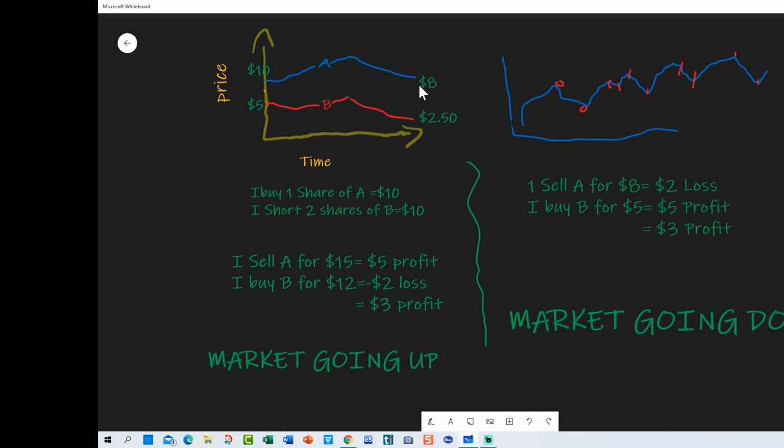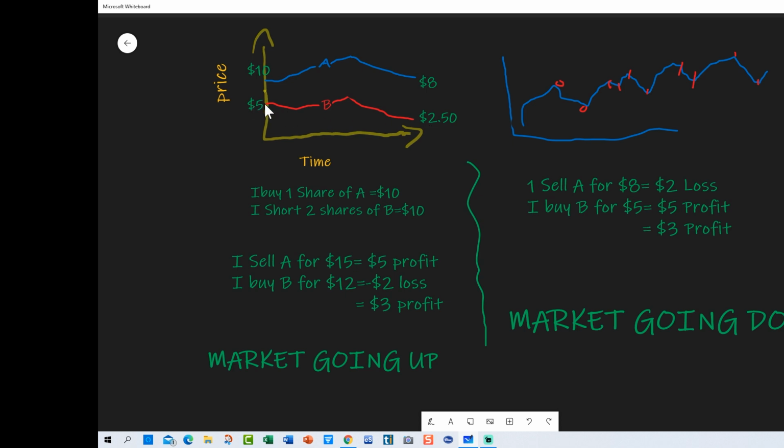So after the market goes down, I want to close my positions. For company A, I sell A for $8 and I incur a $2 loss because it dropped 20%. And we're in a down market, so that's why everything is down. So my thesis for B was correct. It dropped even more, down to $2.50 a share.